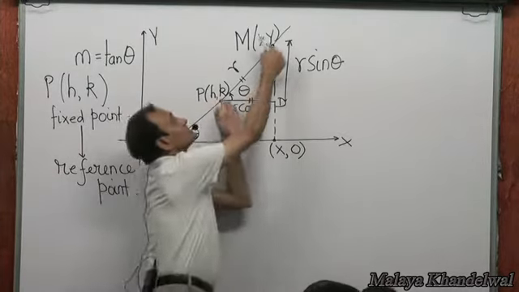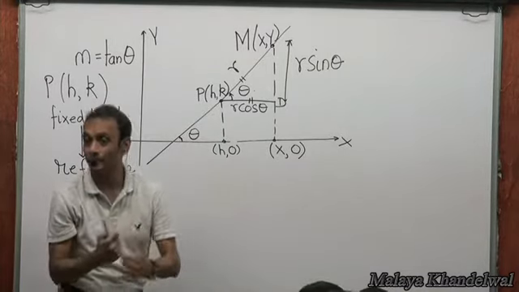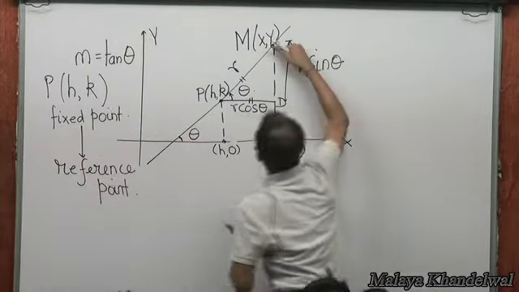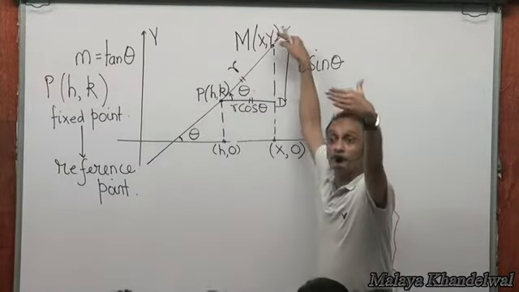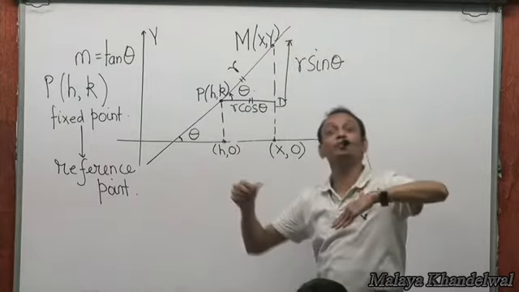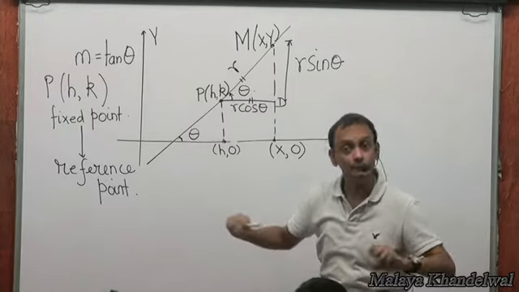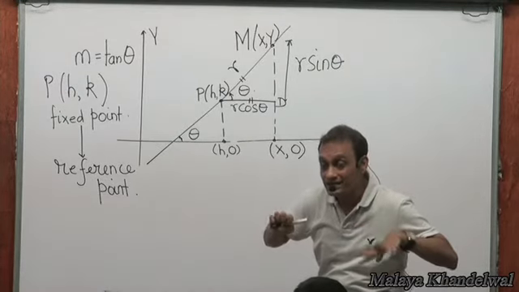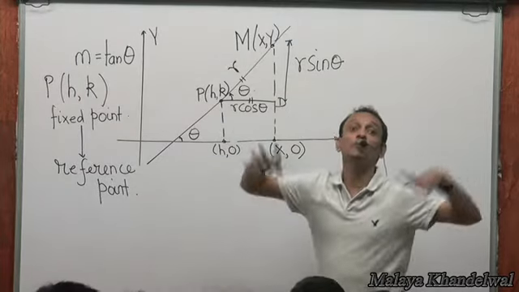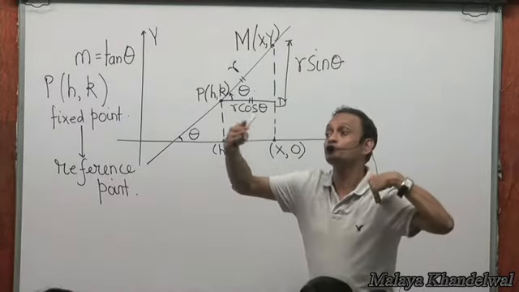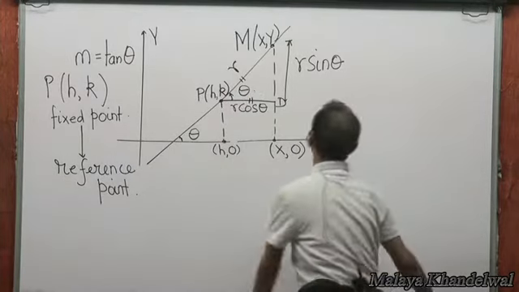Where r is the distance between P and M. Different points M on the line would be at different distances from the fixed point P, right? R therefore seems to emerge like a parameter, a variable which would locate various M's on the line, right?